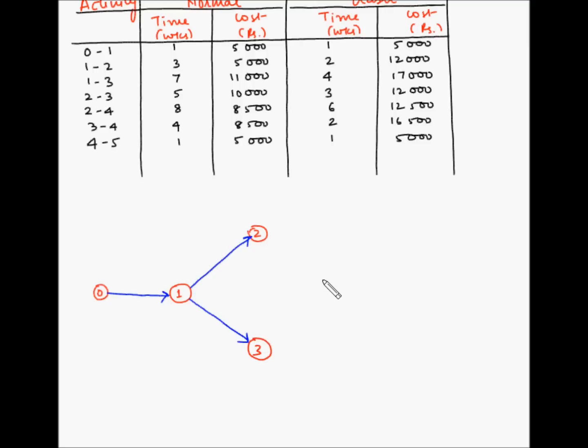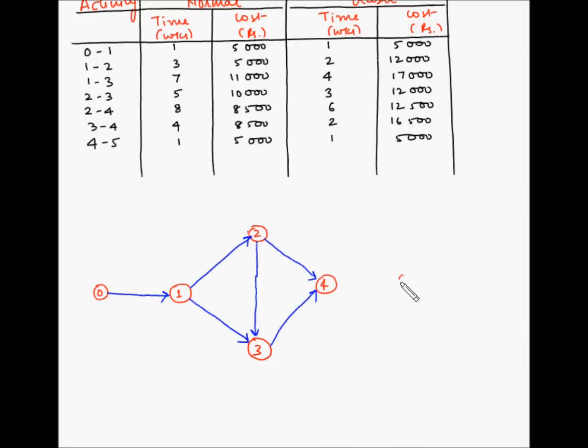So let's first draw node 4. Now let's draw the activities. So 2 to 3 and 2 to 4. Now the next activity is 3 to 4. So 3 to 4. The next activity is 4 5.